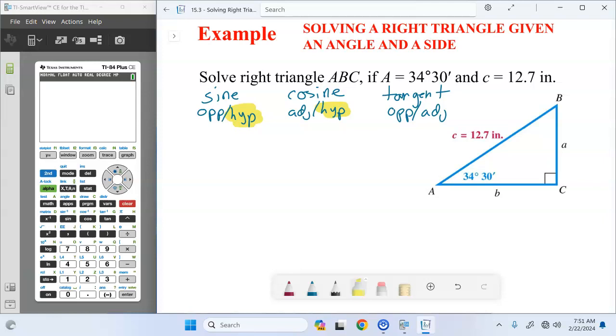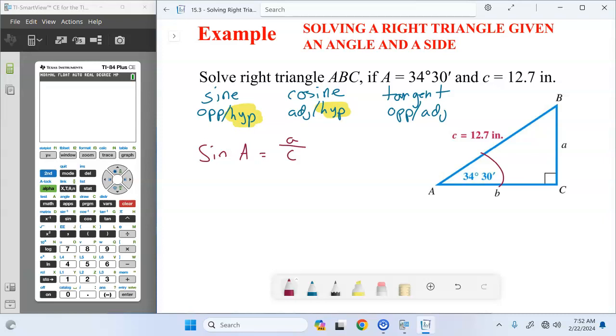I can't use tangent because I don't know the opposite or the adjacent side. We look at the angle measure that we have, angle A. The sine of angle A is equal to the opposite over the hypotenuse. What side is opposite angle A? Side A. So the sine of A is equal to A over our hypotenuse.